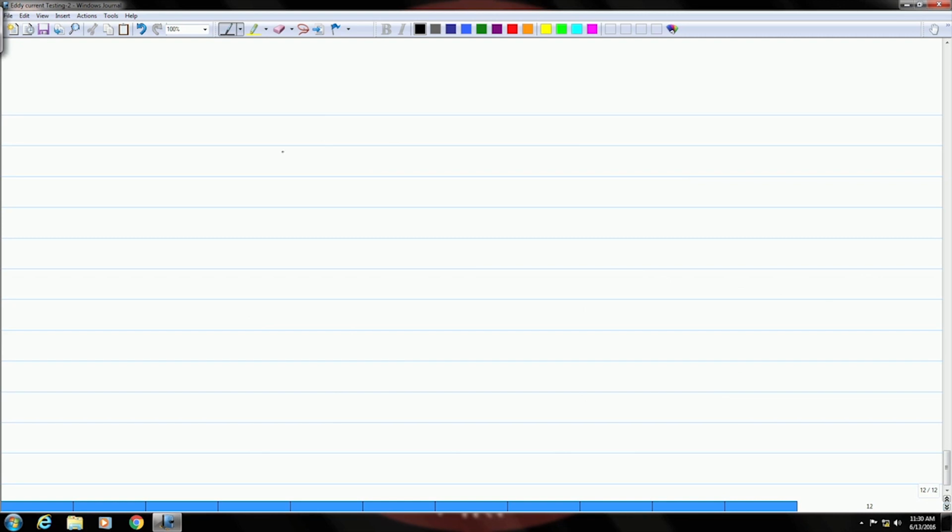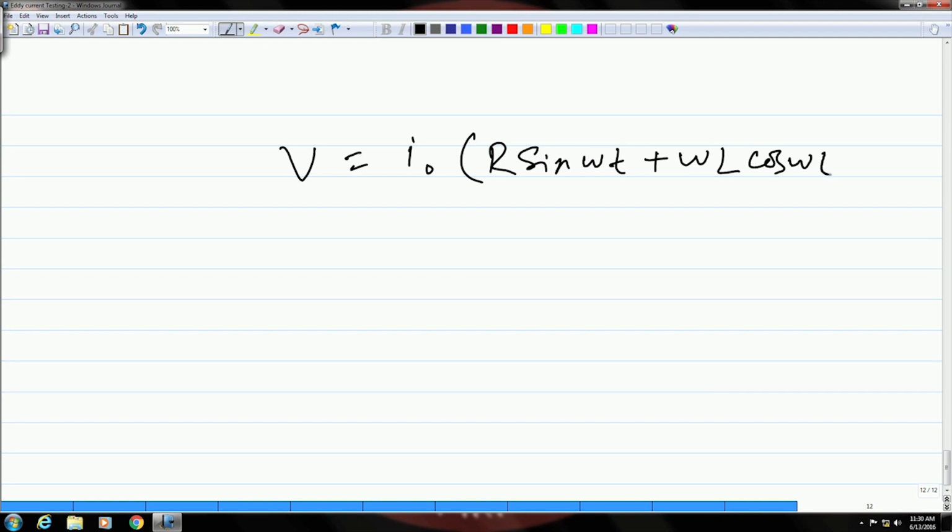So, now if you write it here, we have an expression like this, which looks very similar to the Ohm's law that we started with.